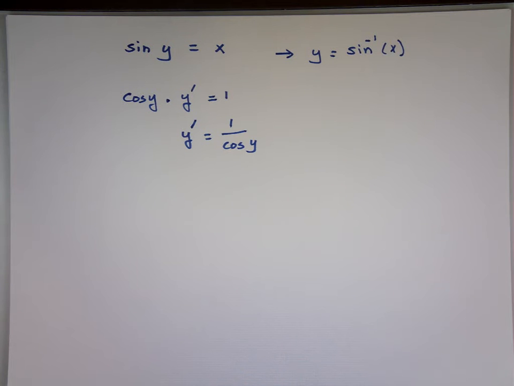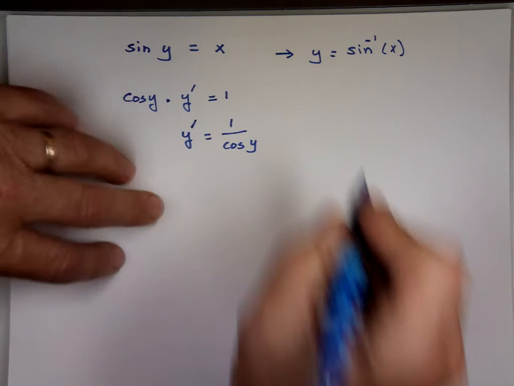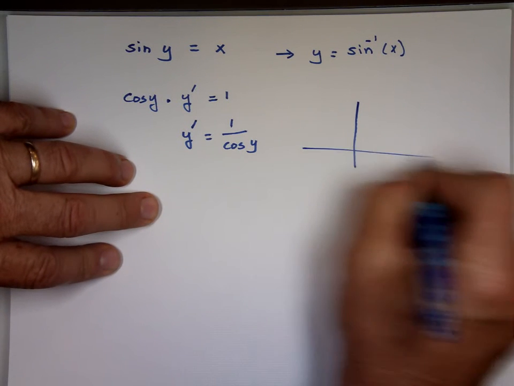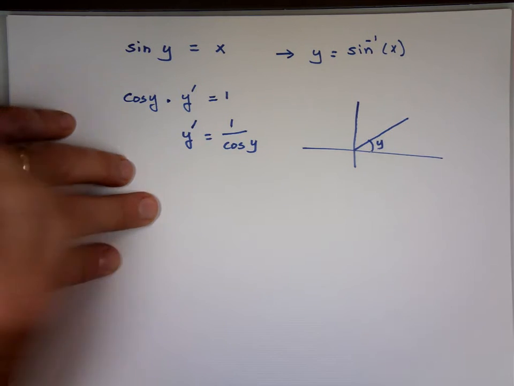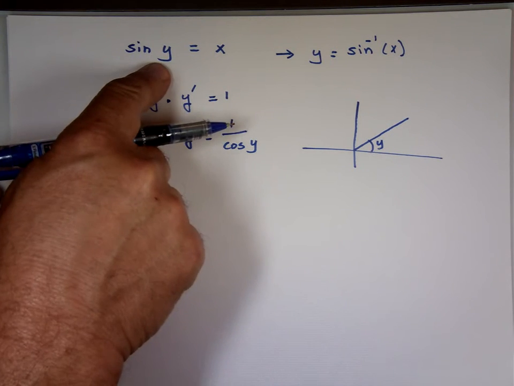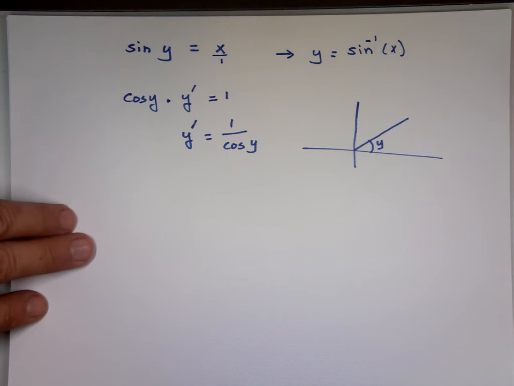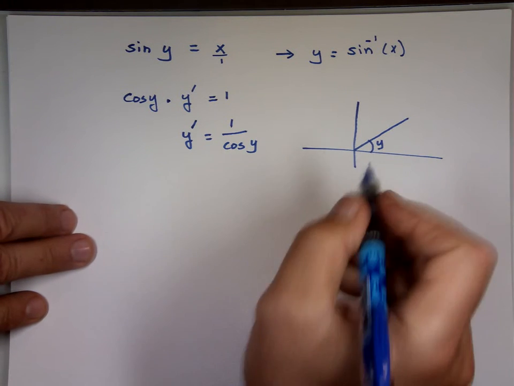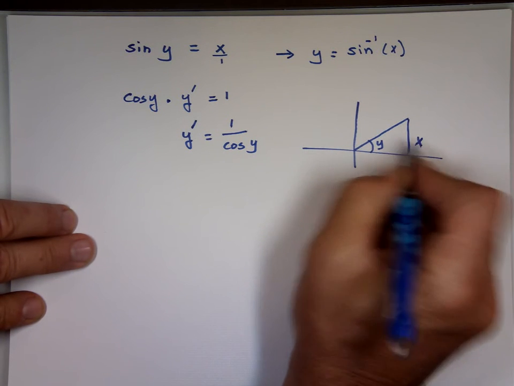Well, if you think about it, it says sine of y equals x. If you make a triangle out of it, the angle is y, right? And the sine is what side over what? x over 1. The sine is the opposite over the hypotenuse. So the opposite side must be x, and the hypotenuse must be 1.